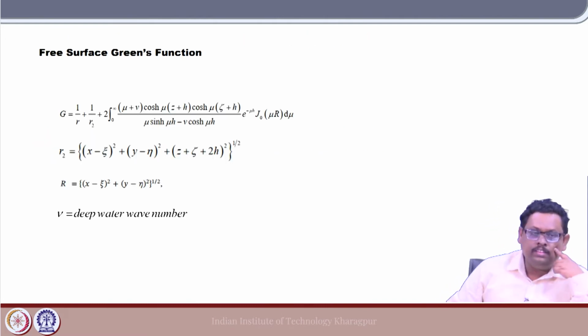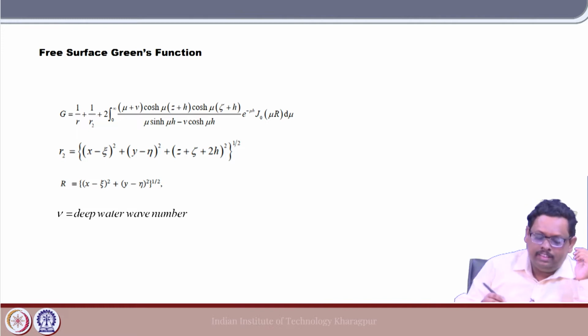Now, as you know, this is the expression for the free surface Green's function. We have discussed it is very complex. There are many reasons. The first thing is that it is an improper integral, because you have this integration limit 0 to infinity.